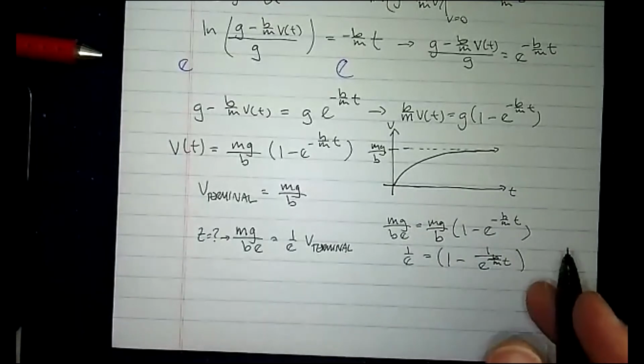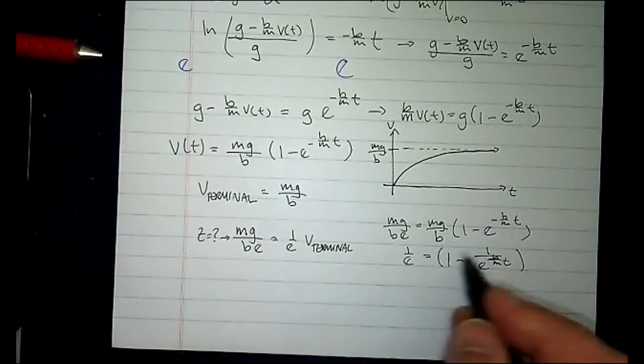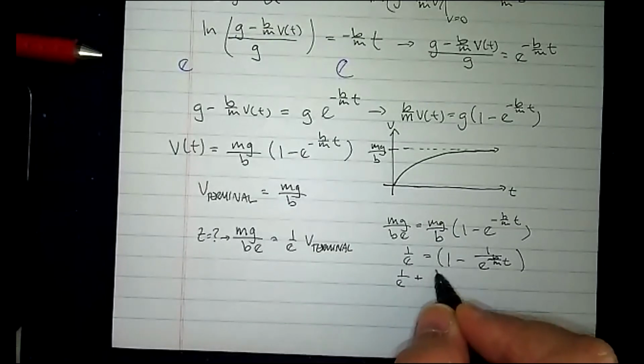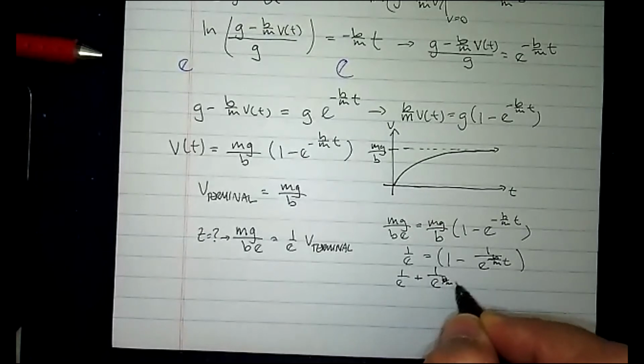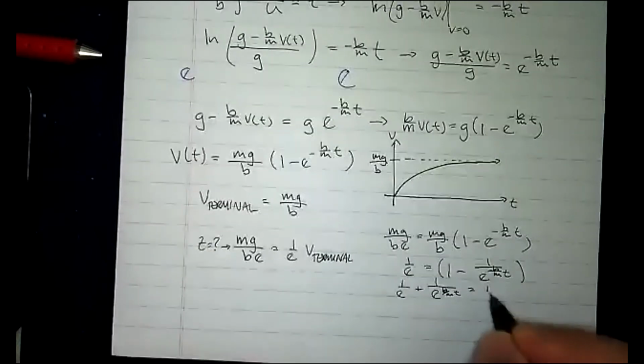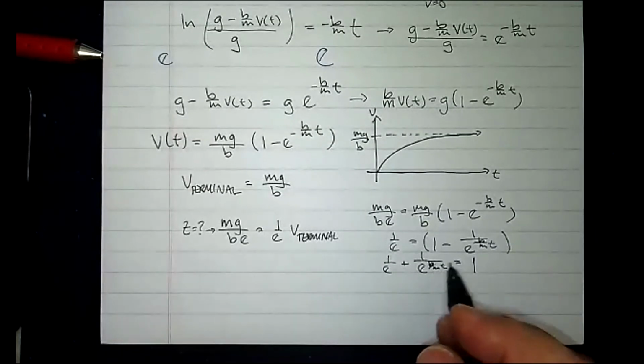Now I can get rid of these parentheses and just think, well, I want all the e's on one side, so I'll pull this over to here, and that'll become plus. So I have 1 over e plus 1 over e to the b over m t is equal to 1. So now I can just try to solve for t.